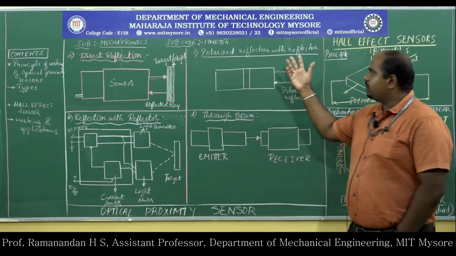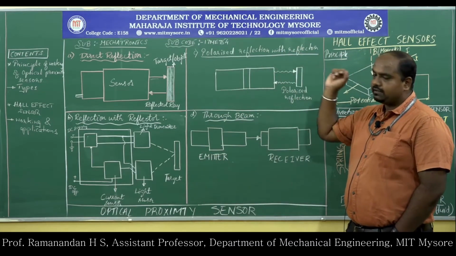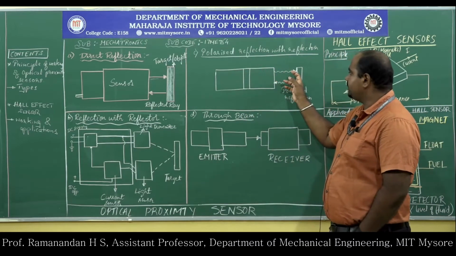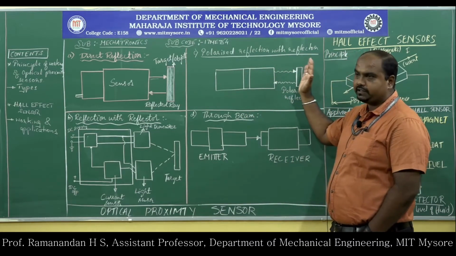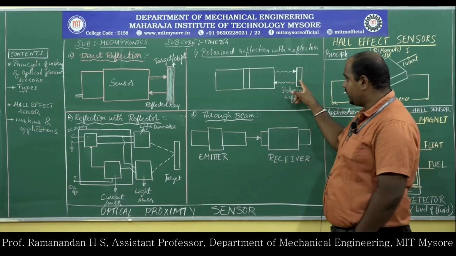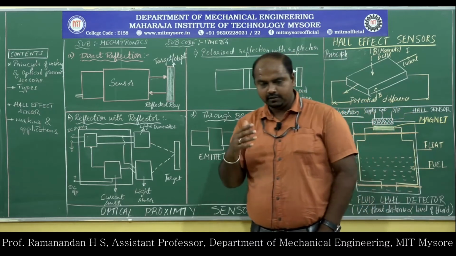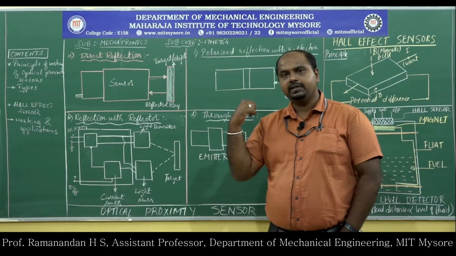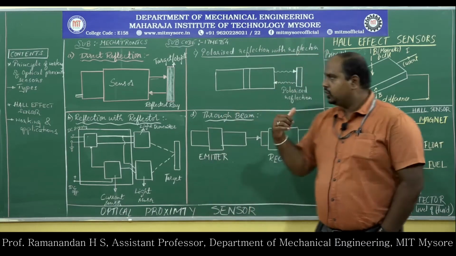Third type, I have already told you this, polarized light is used for the incident ray. Whenever we want to detect a lustrous object, the most shiny surface, we use polarized reflection with a reflector.